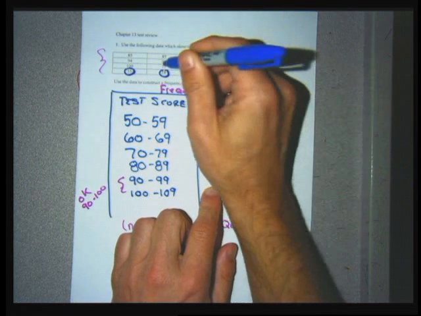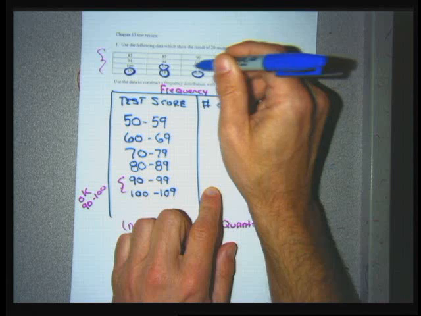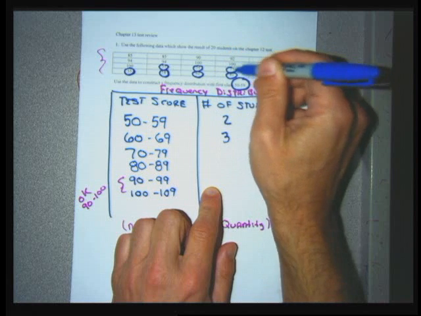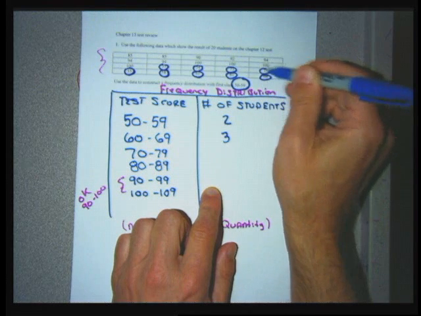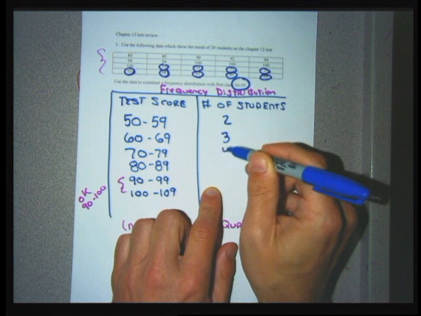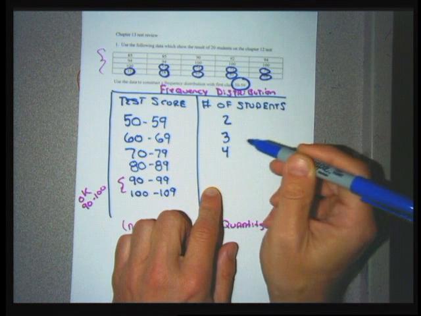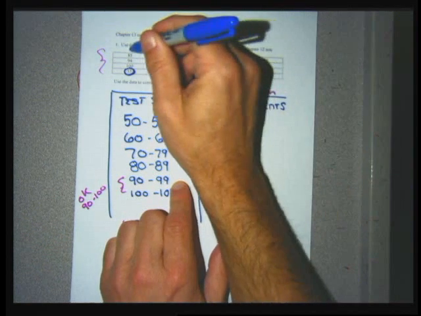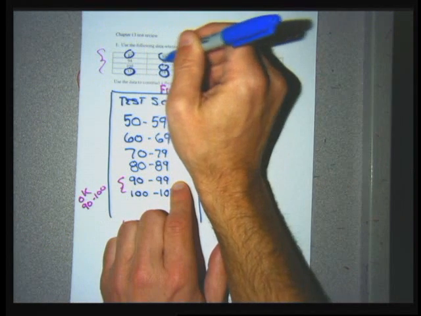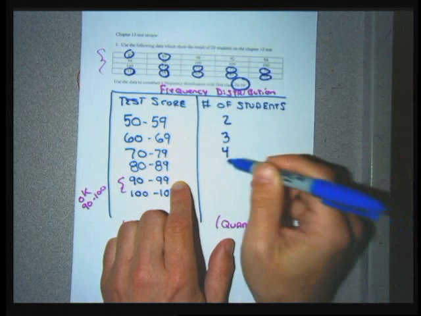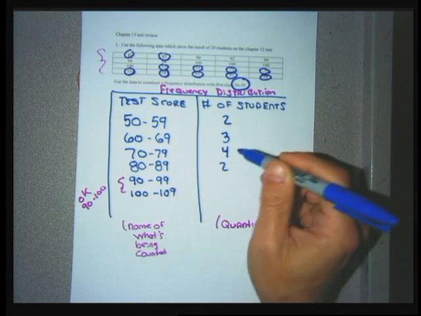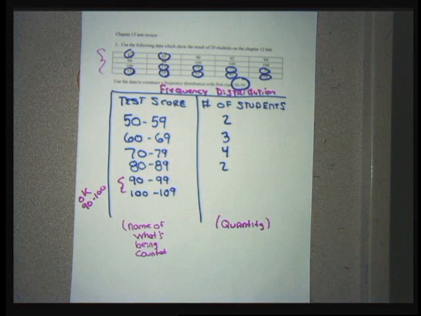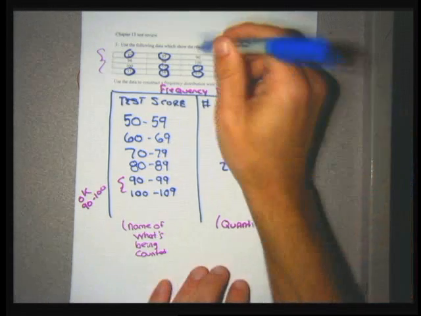Now for my 70s, I see a 77, a 75, a 73, and a 73, so I'm going to put a 4 next to the 70 to 79 because there's 4 of those. And then for the 80s, I see 85, 85, I see 2 80s, and now what you might write is different than mine. I see 4 90s and 4 100s.